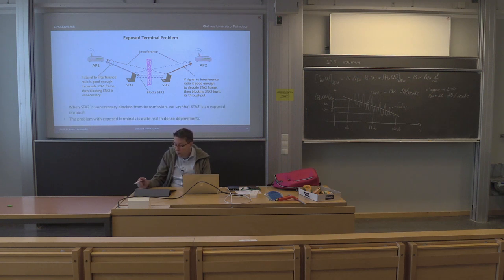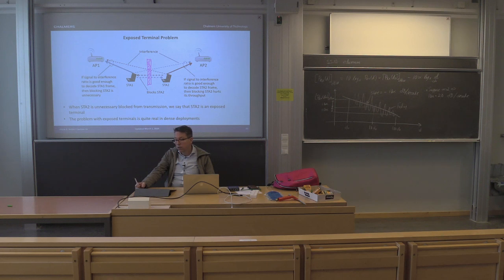This problem of unnecessary blocking is called the exposed terminal problem. And this is quite real in dense deployments, like in office buildings and so forth. So one is trying to do something about that in current standards.